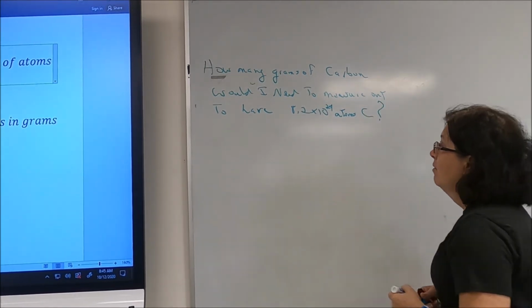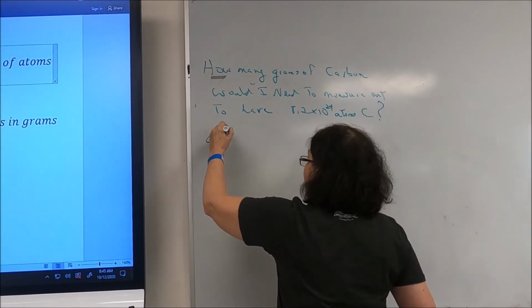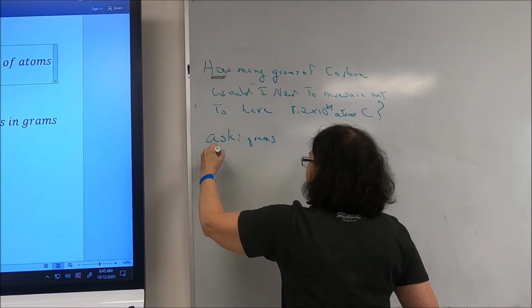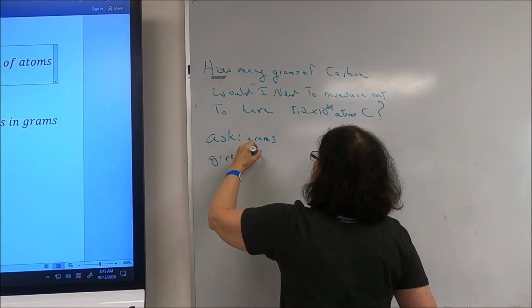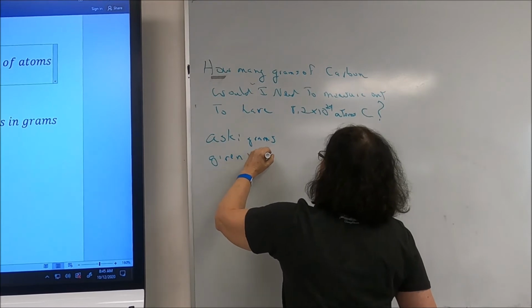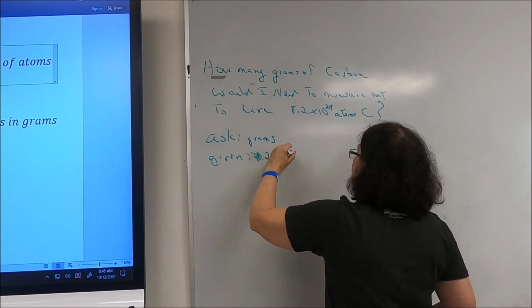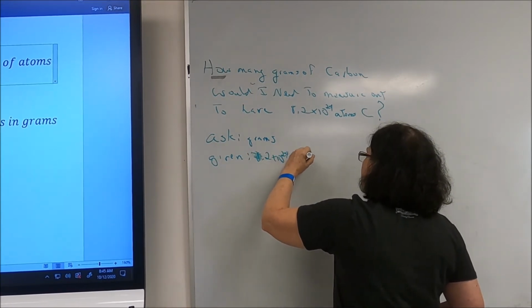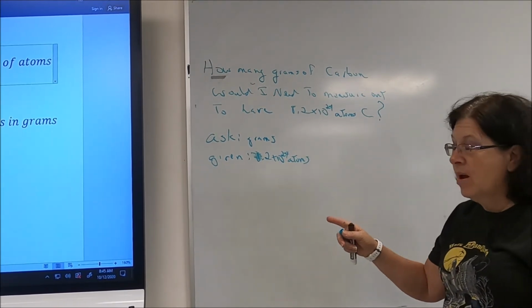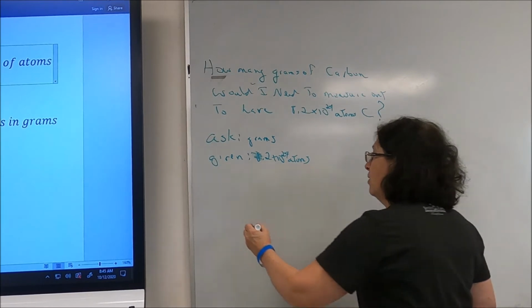Now, we are asked for grams, and we're given 8.2 times 10 to the 24 atoms. So I'm going from one end to the other. I'm going from numbers of atoms to grams.